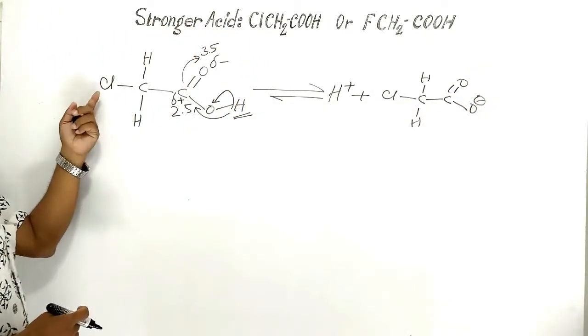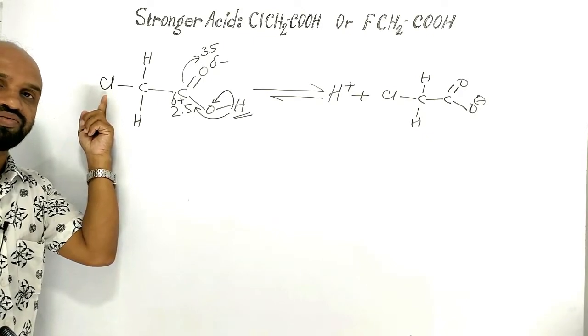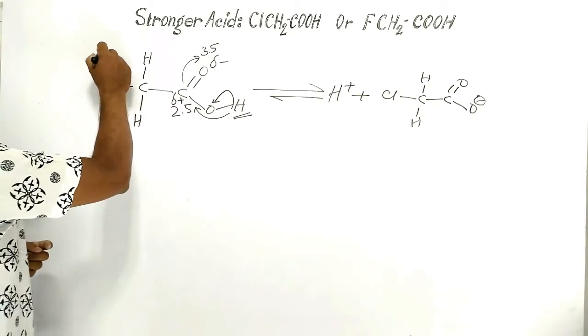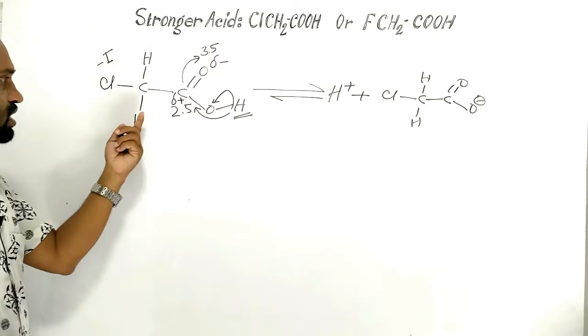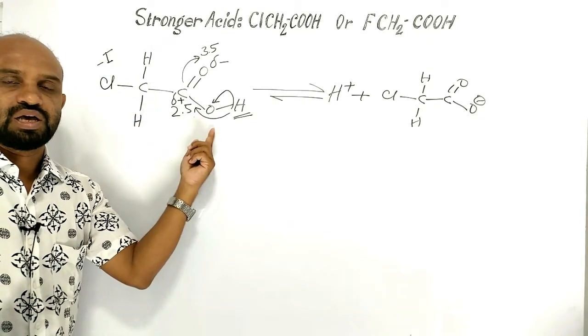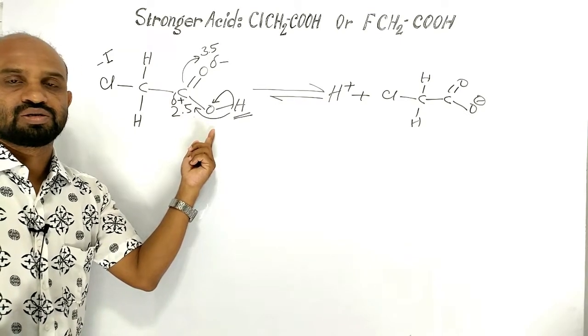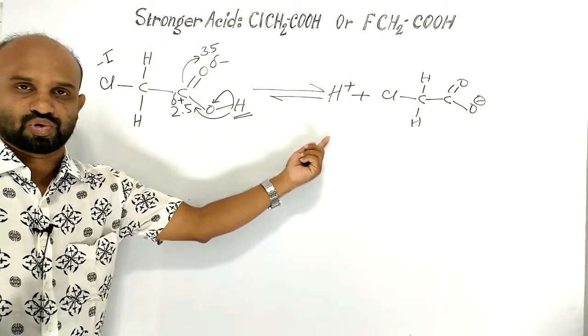Here chlorine is a negative inductive effect atom that helps the molecule to act as an acid. It helps to release this hydrogen as a proton.